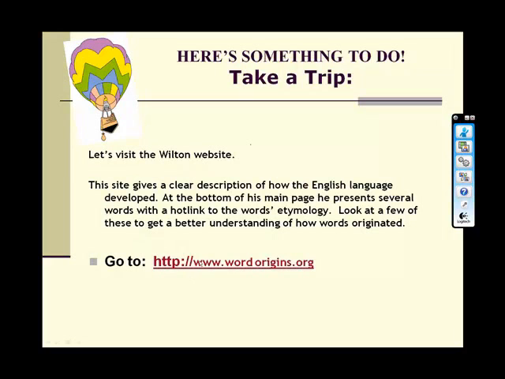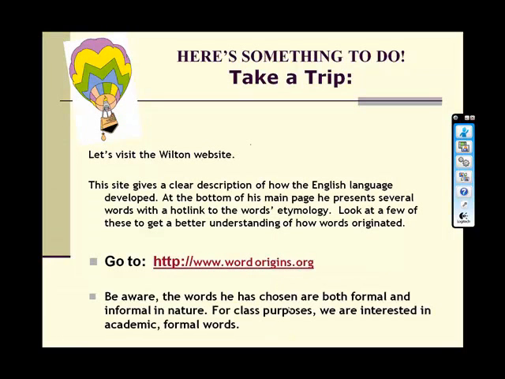So have fun and go to http://wordorigins.org. Be aware, the words he has chosen are both formal and informal in nature. For class purposes, we are interested in academic, formal words.